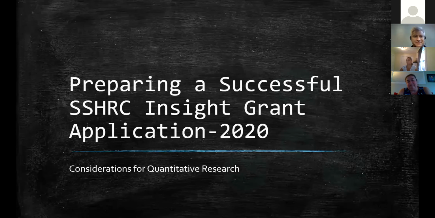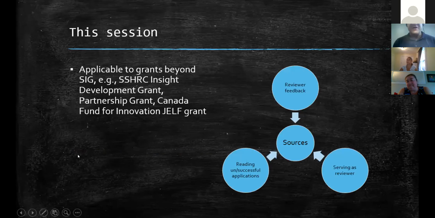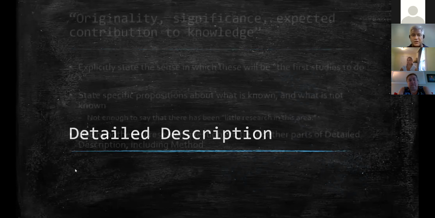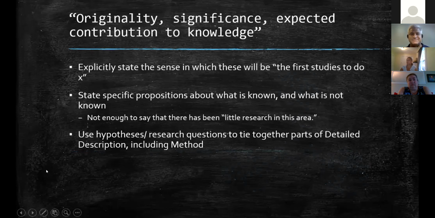Okay, thanks. So I'll talk about some things that I've learned about what you can do to strengthen a SSHRC Insight grant application. What I'm going to say has been informed by feedback I've gotten from reviewers on my own applications, but also by reading successful and unsuccessful applications that come through our research office, as well as serving as a reviewer on other applications.